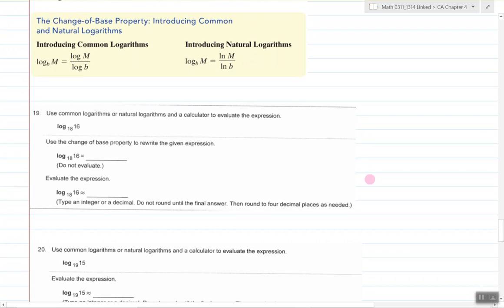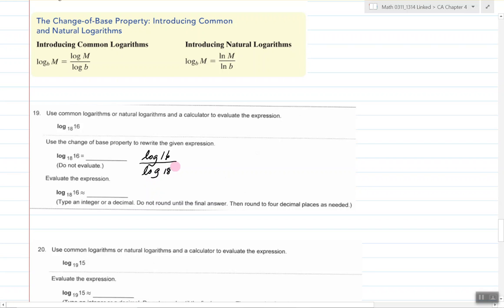All right, this one, number 19, says use common logarithms or natural logarithms and a calculator to evaluate the expression. Now you have a choice of two different answers that you could put right here. You could use common logarithms because it says to use either one. The answer here could be log, which is a common logarithm, of 16 divided by the common log of 18.